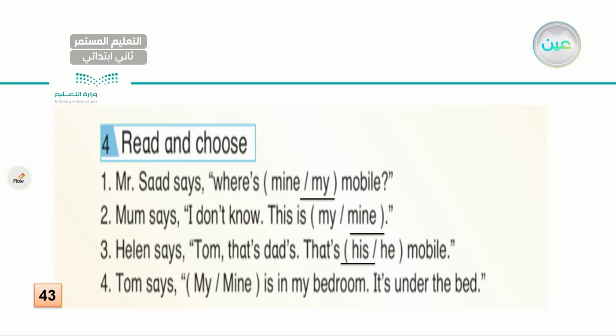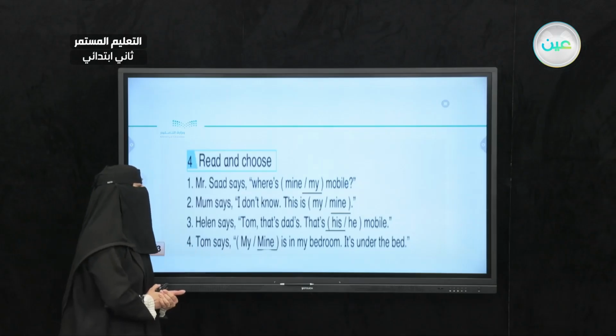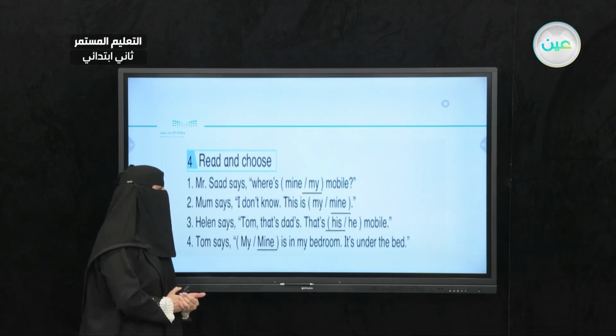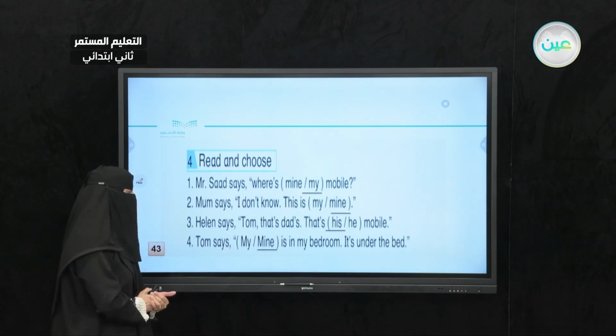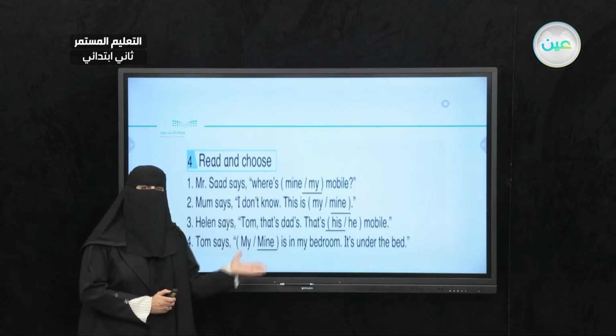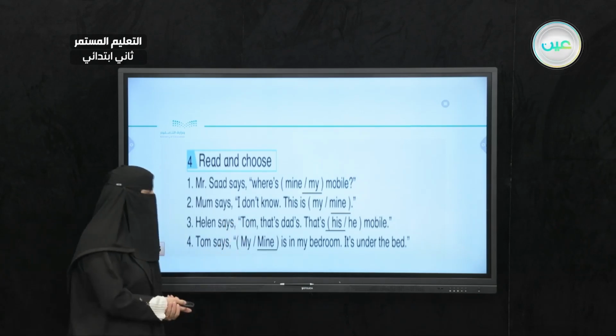And for the last one, number 4, Tom says, my or mine is in my bedroom. It is under the bed. What do you think? The answer is mine is in my bedroom. Very good. It is under the bed. Very good, my dear student. Make sure you have the correct answers in your book.